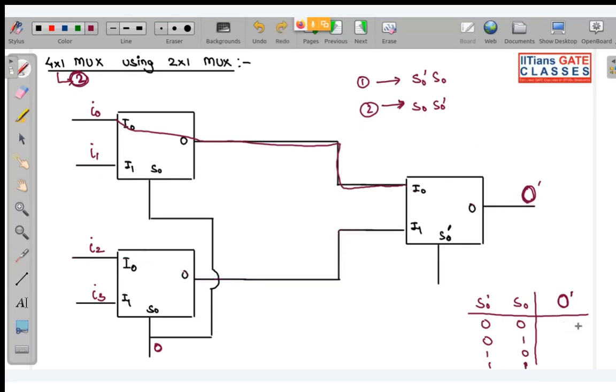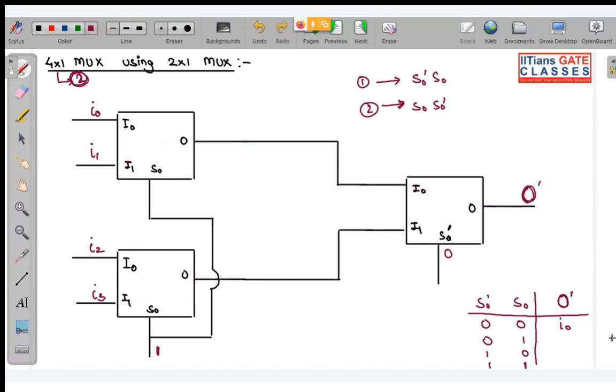In the next case, S naught dash is 0 and S naught is 1. When this is 1, this input will go over to here and this input will go from here to here. S naught dash is still 0, so this input will be connected. So I1 is being transmitted to O dash.